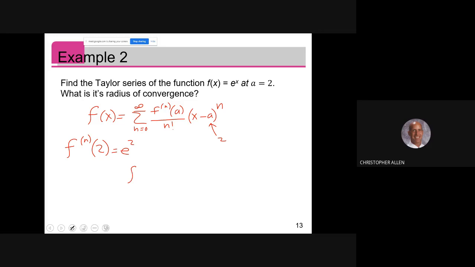So the only other thing you're going to worry about is putting a 2 in there for this. So what I'm telling you is that f of x equals e to the x when the center is at 2. In fact, let me call it a. When a is 2, it is simply going to be the sum, n goes from 0 to infinity, of e to the 2 over n factorial times x minus 2 to the n. That's the answer.